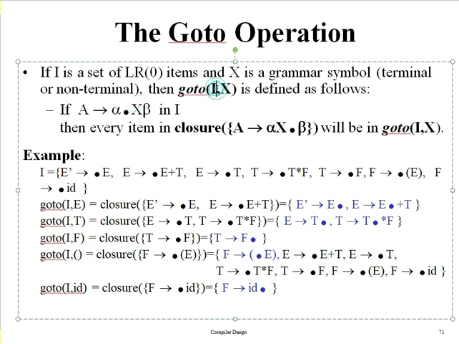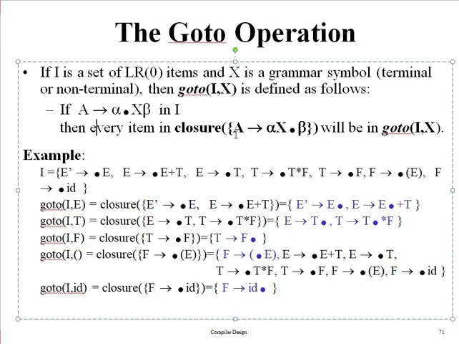This is an LR(0) item. After applying this operation, the result is expressed as the closure of the given item with the dot shifted.